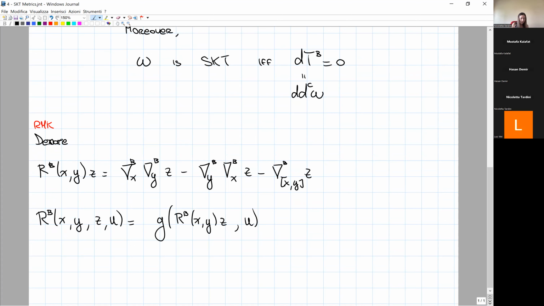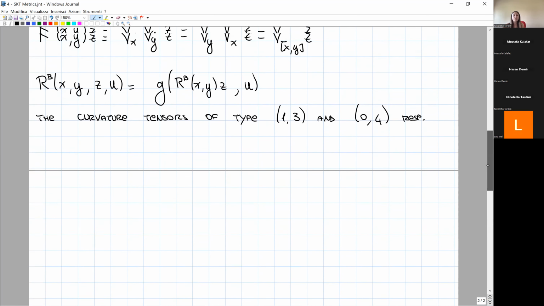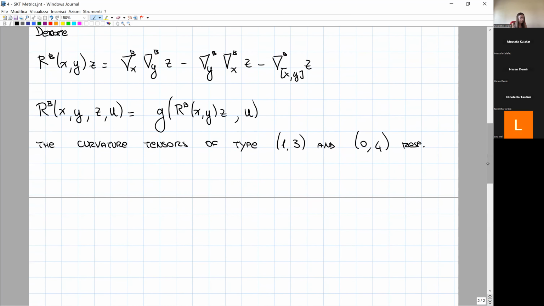These are the curvature tensors of type (1,3) and (0,4), respectively. These are the standard definitions for the Bismut connection.